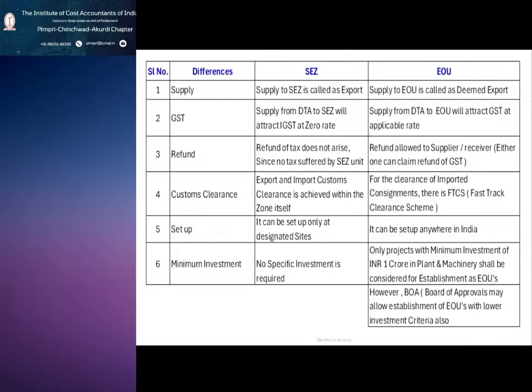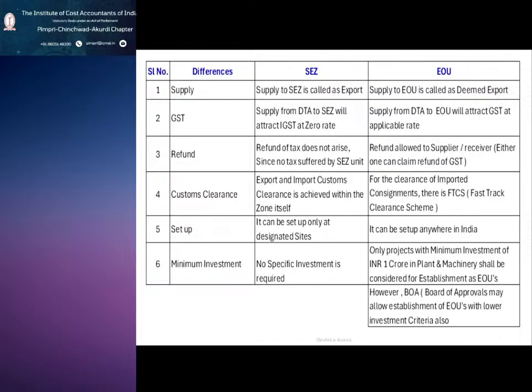Supply means whatever we are supplying to SEZ. When we see the schemes, multiple times we come across the terms SEZ, deemed export, EOU. Before we go back, just for an introduction, you can have a look at these differences.